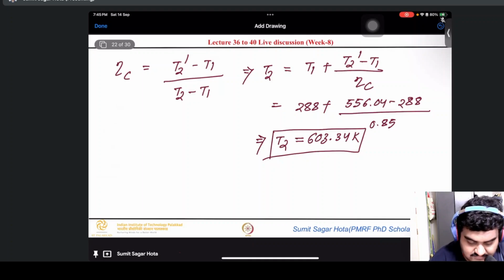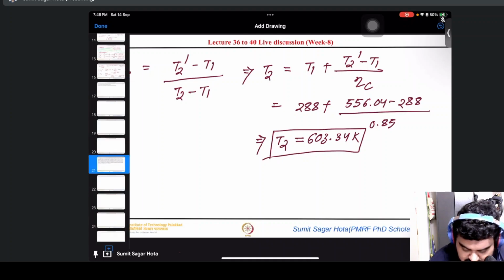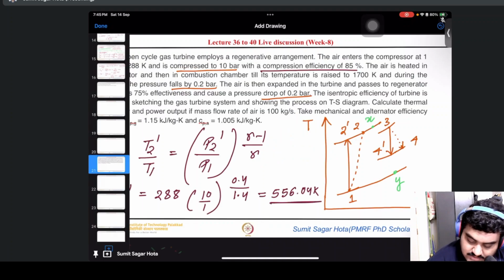Next we will see T4 dash by T3, which means we have to apply the isentropic relation between positions 3 and 4 dash. We know T3: the temperature in the combustion chamber rises to 1700 Kelvin, which is the maximum temperature, because before the turbine what is there?